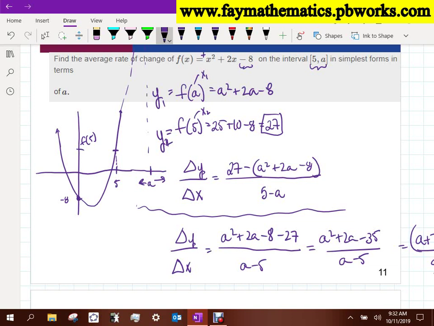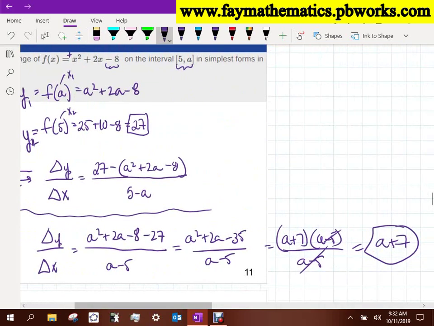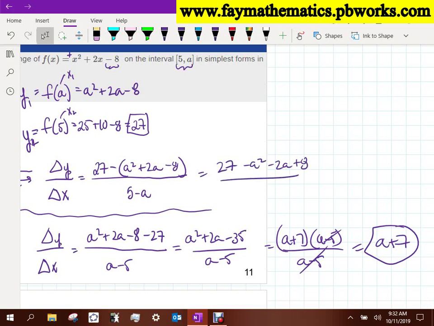Okay? If I look at that top one here that we did, and then we'll stop, the same thing happens. So this would be 27 minus a squared minus 2a plus 8, right? Over 5 minus a. Well, I would rewrite that as maybe negative a squared minus 2a plus 35 all over.